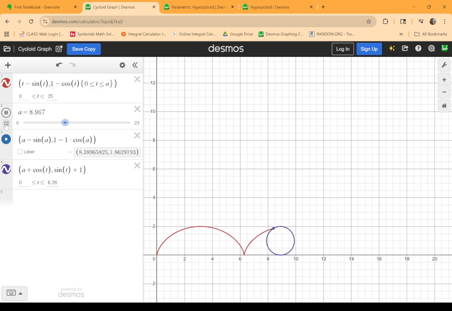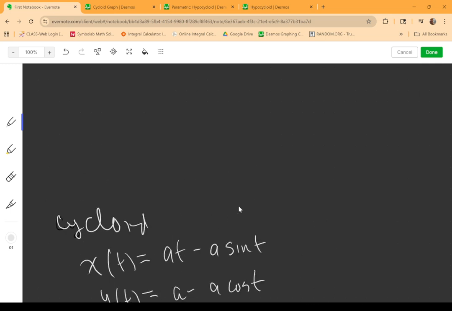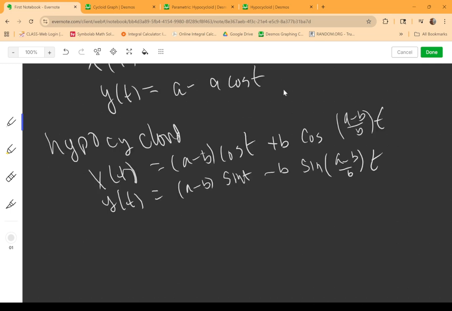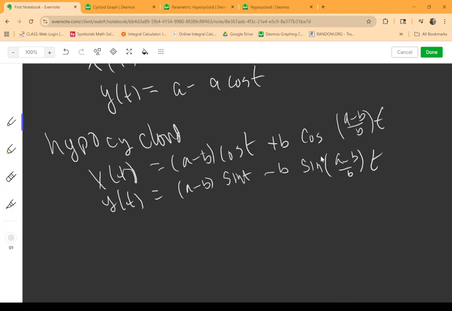Now, a more interesting type of curve is what's called a hypocycloid. Here, the equations themselves are a bit more involved than the cycloid, but still, compared to what we can draw, they're not overly complicated. If you remember the variables t, a and b are constants.